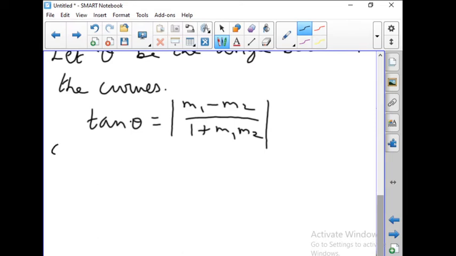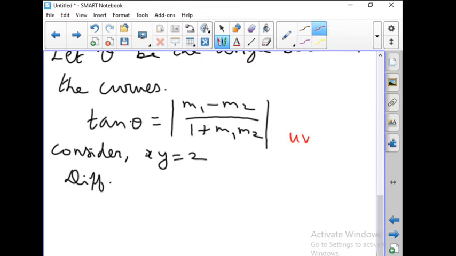So first consider xy is equal to 2. Differentiate this. What form is it in? It is the uv whole dash formula.